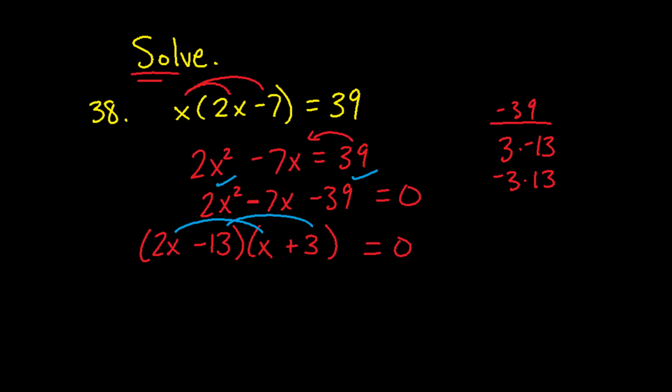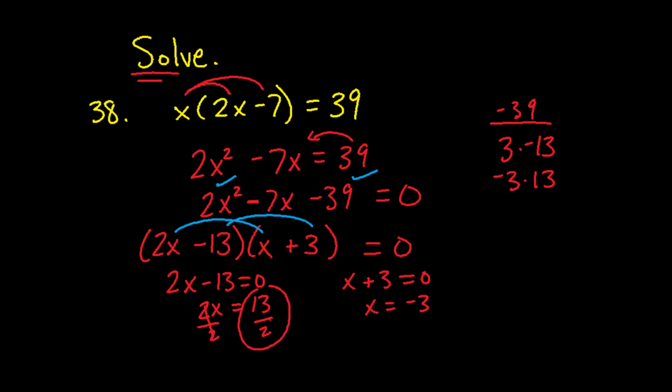And we're going to solve it by setting our factors equal to 0. The second one, if you subtract 3 from both sides, we get negative 3. The first one, if we add 13 to both sides, we get 2x equals 13. So dividing by 2, we will get 13 halves as one of our answers, and negative 3 is the other answer.